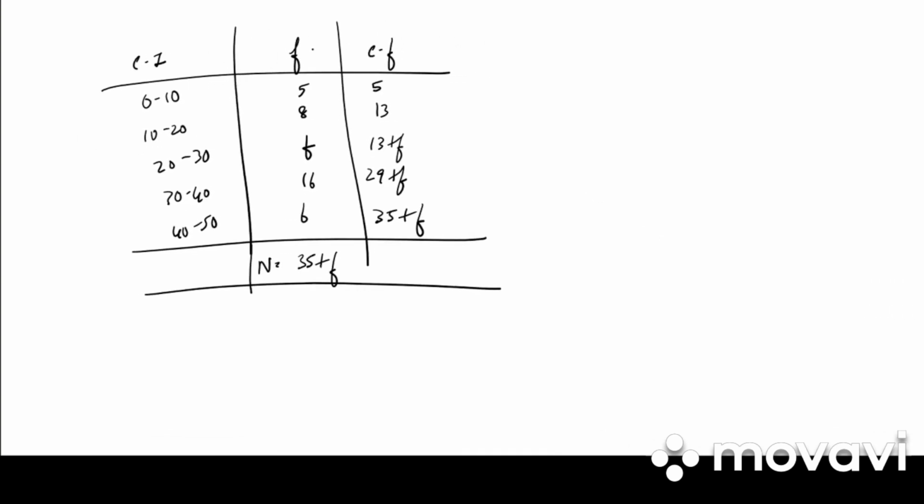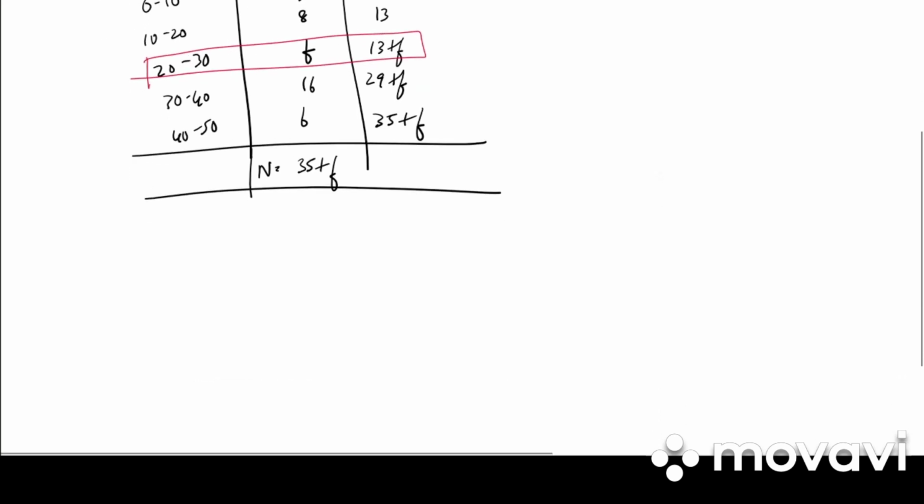Median is what? 28. So it lies in which class interval? 20 to 30. Write down in the next line. Since median is 28, it lies in the class interval 20 to 30. So what is the formula?